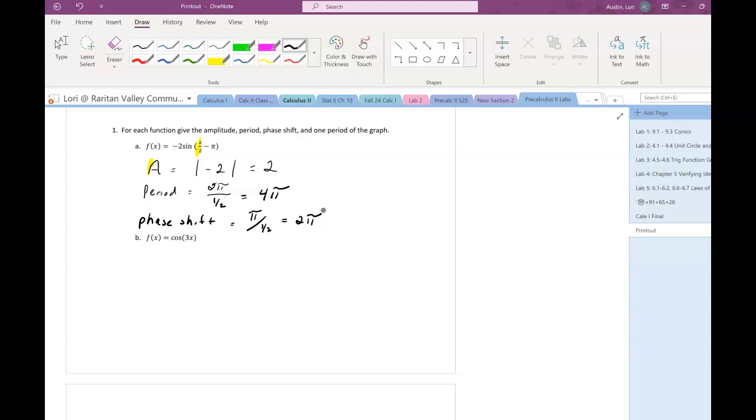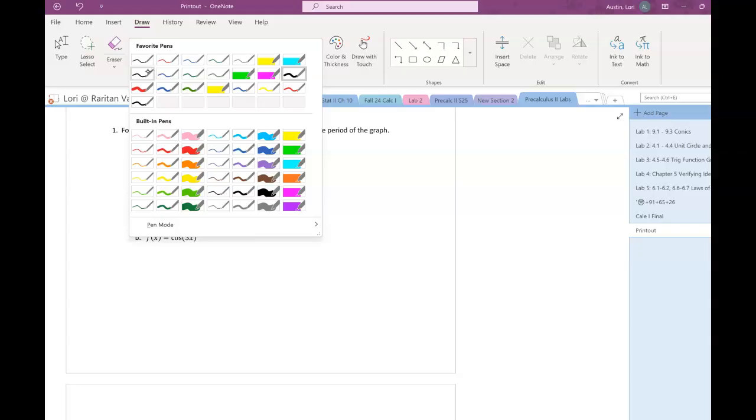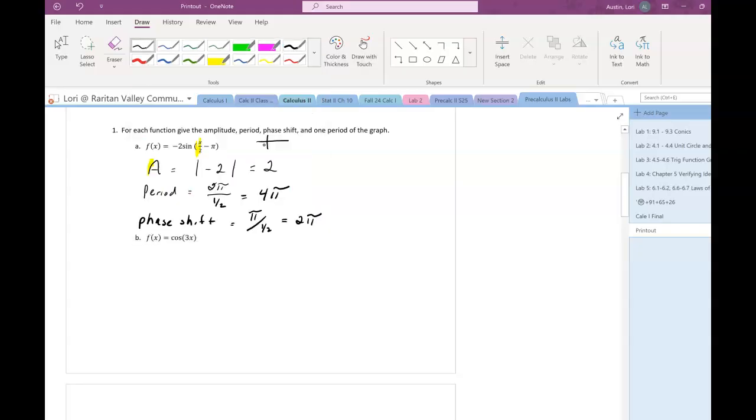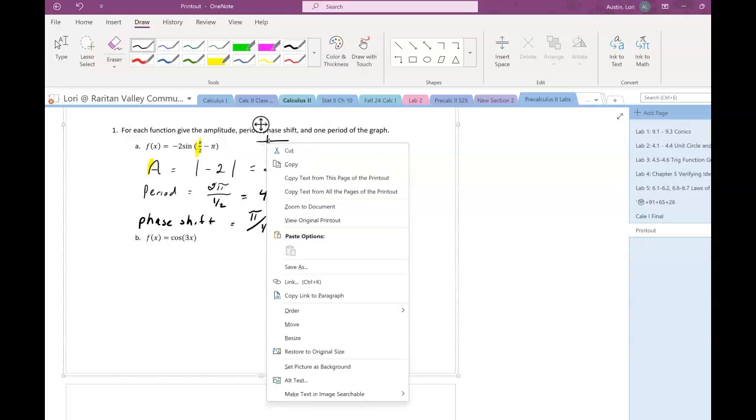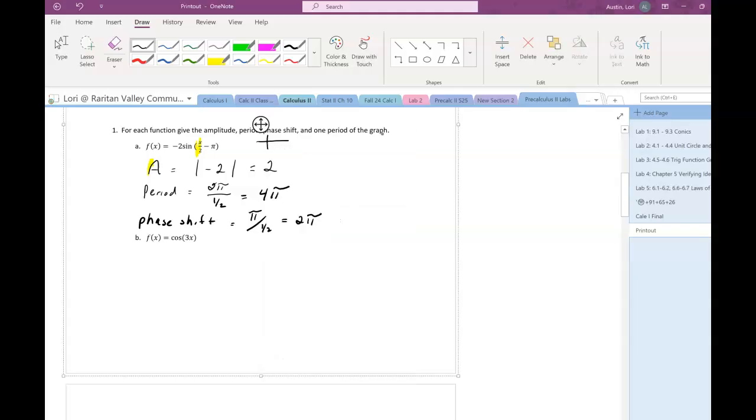So when we think about this graph, this is a negative sine function. Negative sine functions, let me get a better pen, hold on, there we go. Negative sine functions from your starting point will go down, hit an intercept, hit a max, and then hit an intercept again. So our starting point is our phase shift, and that's going to start at an intercept.